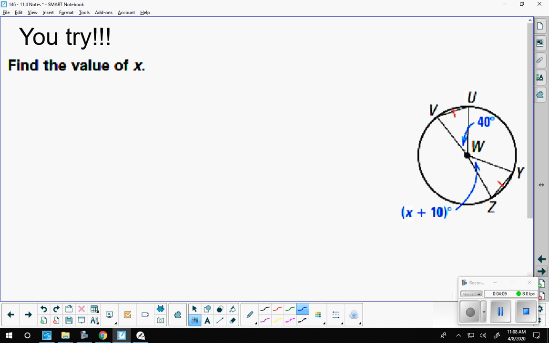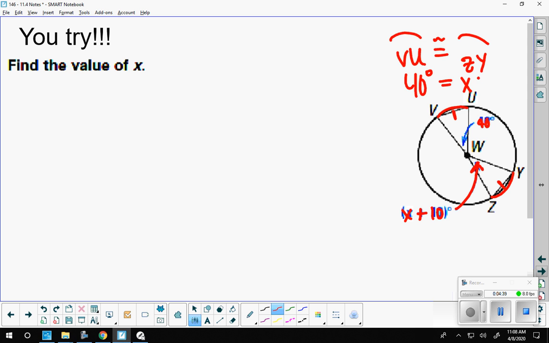Now they marked, with these red marks, the chords as congruent, which means that the arcs are congruent. Okay, so arc VU is congruent to arc ZY. Well, what is the measure of arc VU? It's 40 degrees. And what is the measure of arc ZY? x plus 10.